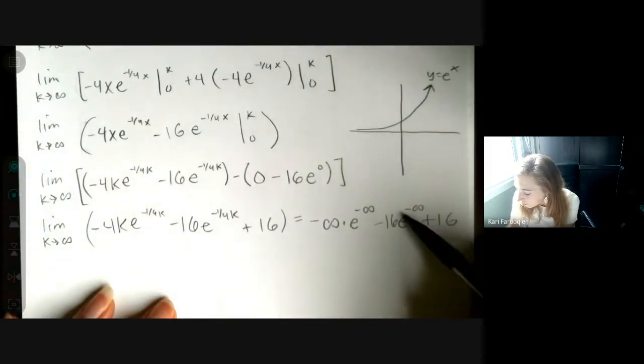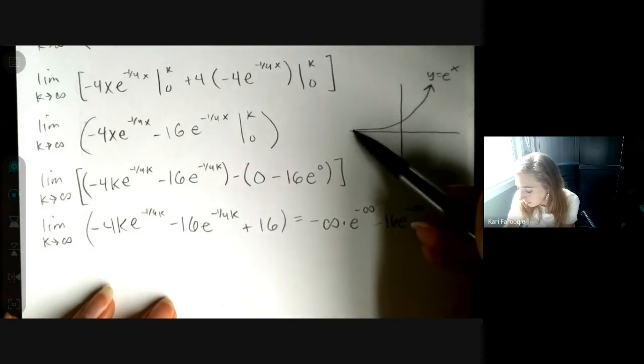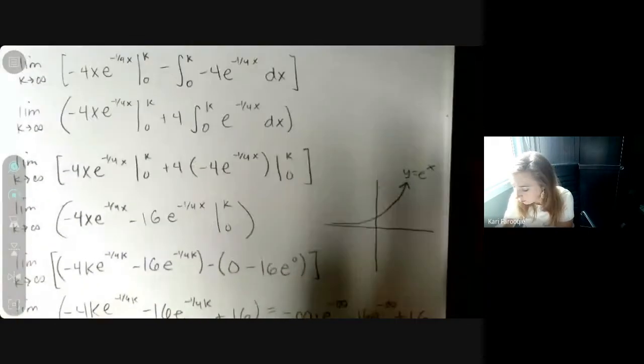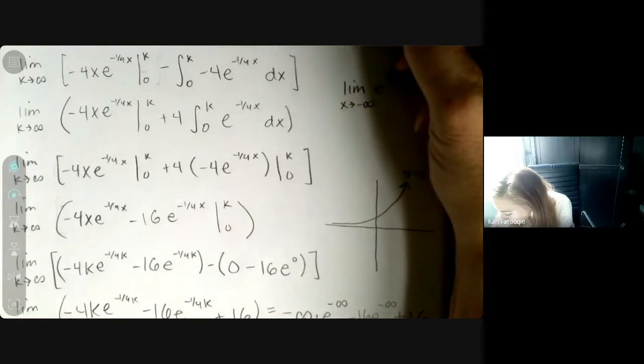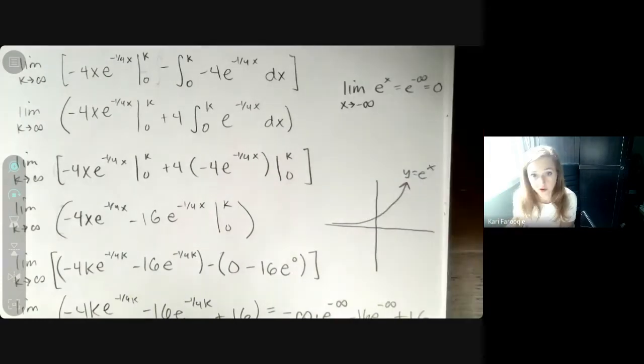As x approaches negative infinity, the limit of e to the x actually is 0. So if you want to make a note of that, we'll put a little box around it. The limit as x approaches negative infinity of e to the x is e to the negative infinity, which is 0.